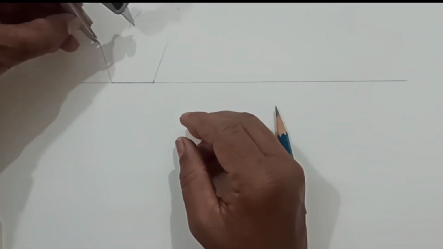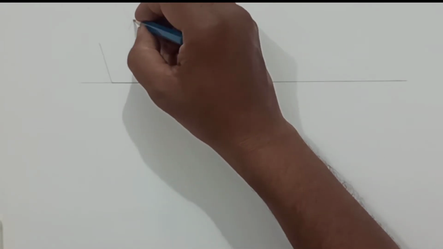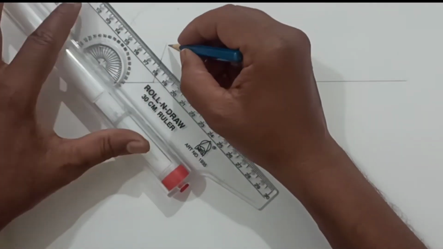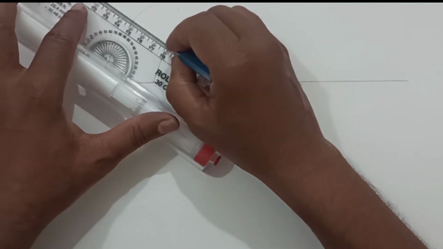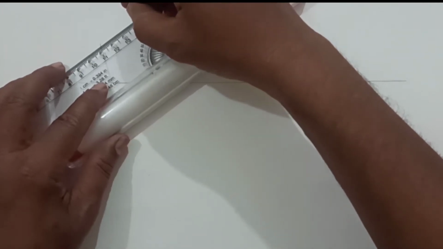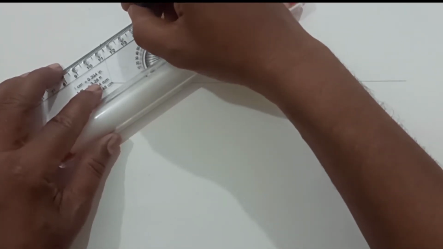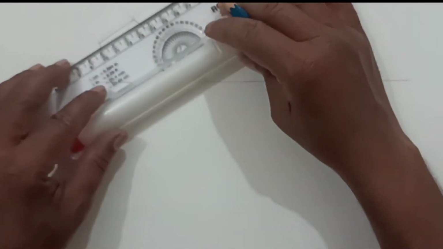With this center point, these two arcs will intersect at this point. After joining these two points, we will get a pentagon of side 30 millimeter length.